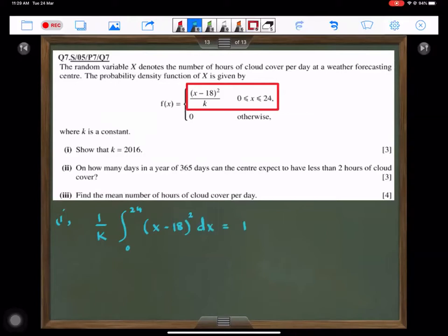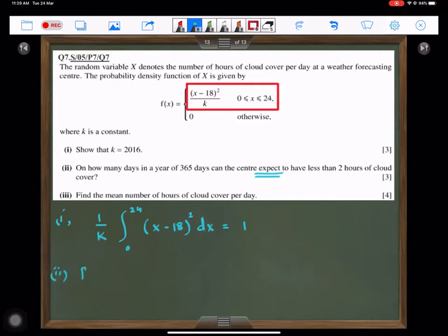Second part, on how many days in a year of 365 days, because there could be a leap year like 2020, which has 366 days. On how many days in a year of 365 days can the center expect to have less than 2 hours of cloud cover? Expect. This is the keyword, expect. Second part, less than 2 hours.